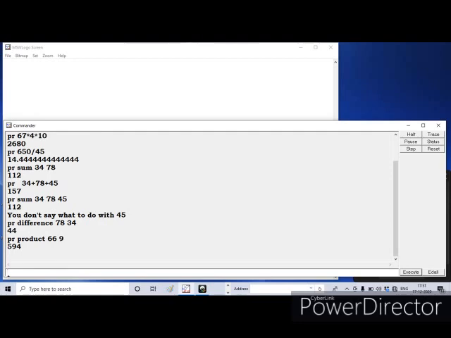And next, fifth one, print quotient 144, 12. The result is 3. Divide.